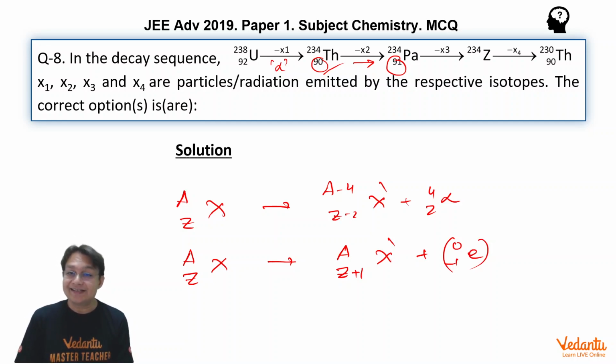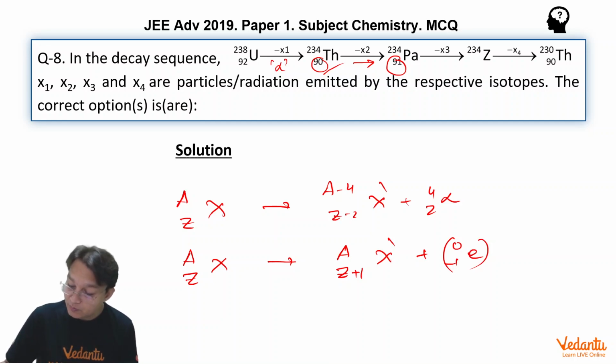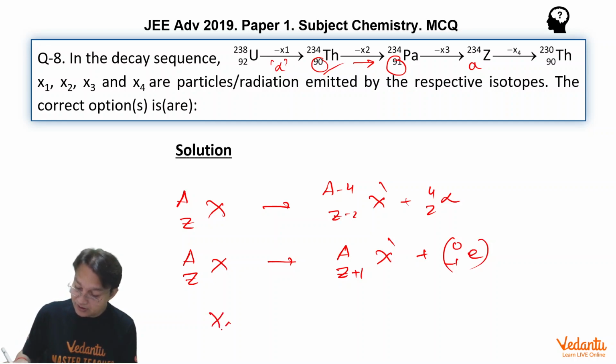Talking about this X3, once again we can see there is no change in mass, but 91 is changing into some number that we don't know. Let's suppose this number is equal to A, and then in another decay 234 is changing into 230. That means X4 is definitely an alpha particle.